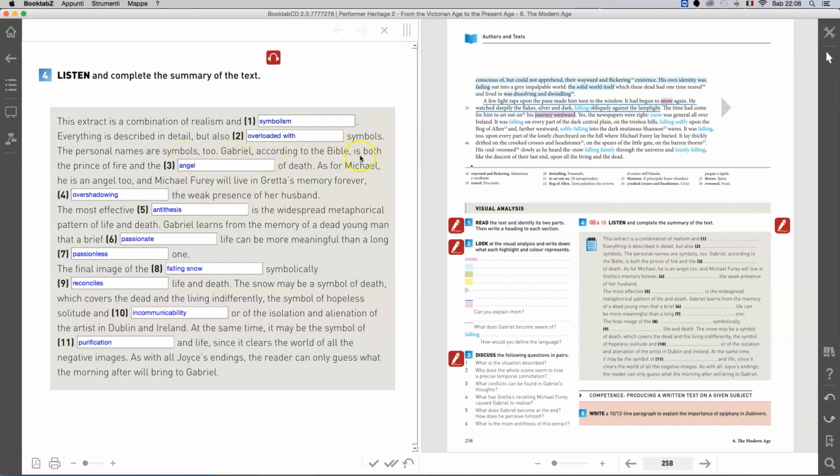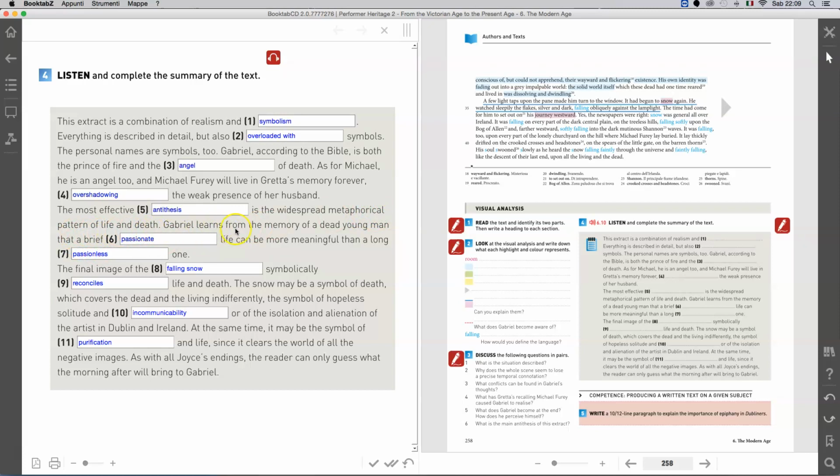Gabriel, according to the Bible, is both the Prince of Fire and the Angel of Death. As for Michael, he is an angel too, and Michael Furey will live in Greta's memory forever, overshadowing the weak presence of her husband. The most effective antithesis is the widespread metaphorical pattern of life and death.